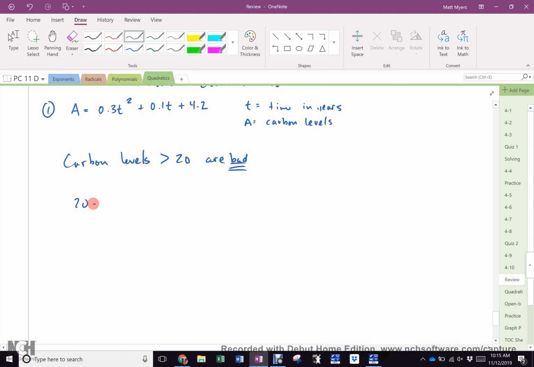So 20 equals 0.3 t squared plus 0.1 t plus 4.2. Could we do that right now with our regular calculators? Yes. Since we seek a t, what are we looking for? We have to isolate it, which means we are looking for roots, yes? So what will you do with that so we can isolate t?